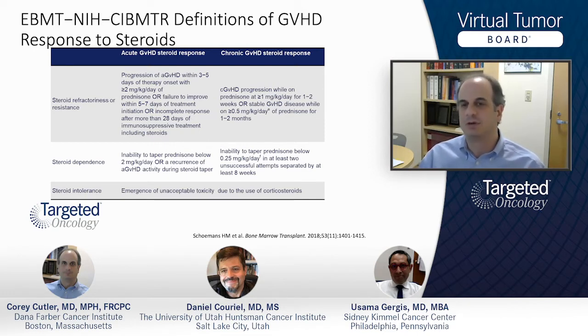And these are the steroid definitions that most of us use in the context of clinical trials, and having this standard set of response criteria makes it easy for us to enroll patients in a uniform manner across studies.